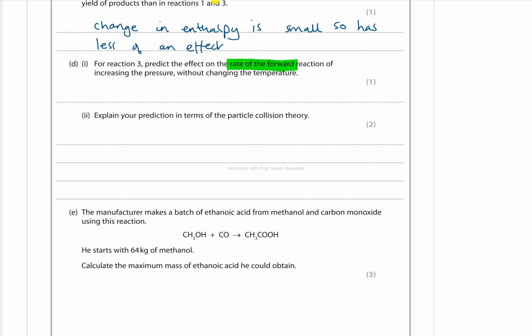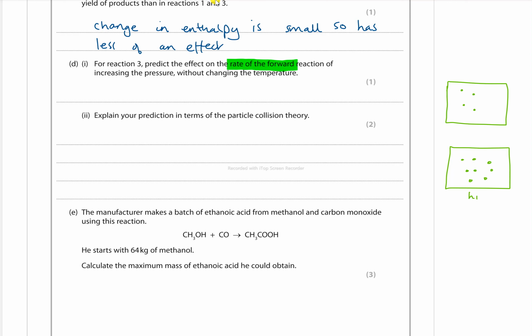This is what they're trying to say. I've got a box here. I've got the same box here. I've got 4 in there, but I want to increase the pressure, so I add a few more.